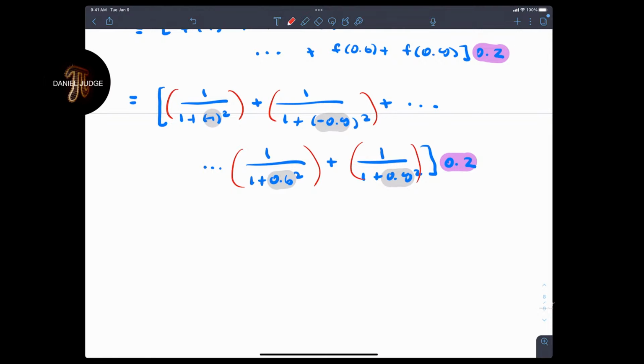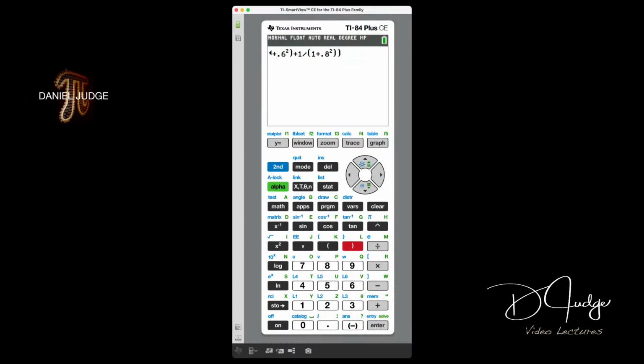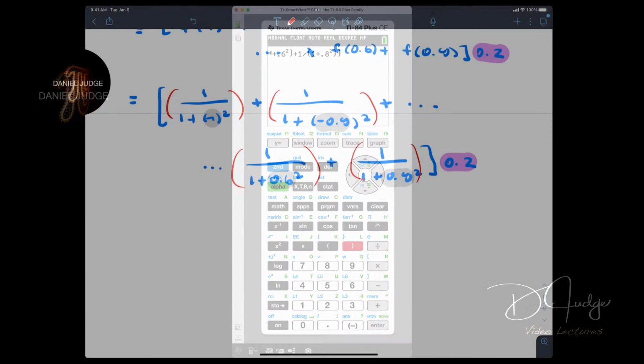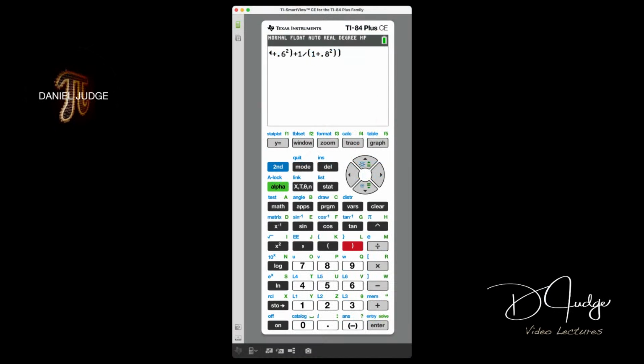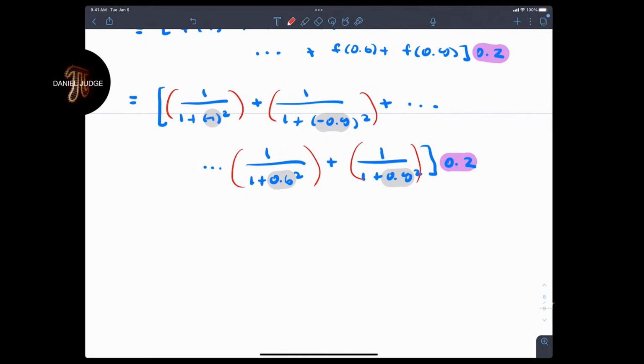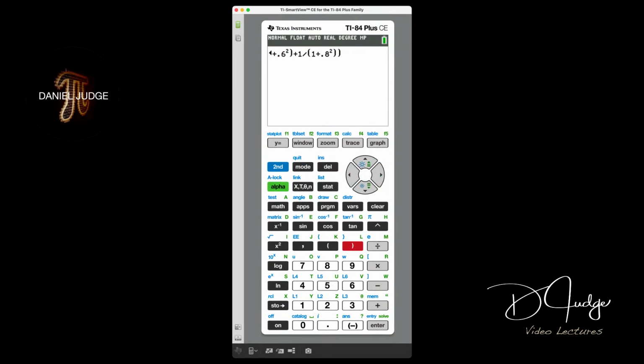They're in the iPad all the way up to 0.8. So if you look at the TI now, we should end at 0.8. Okay, let's go back to iPad, calculator, end at 0.8. Now we close that parentheses here. We're going to multiply by 0.2. So this is everything you want to enter.